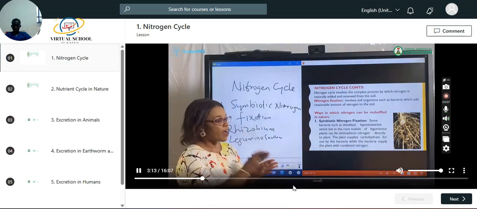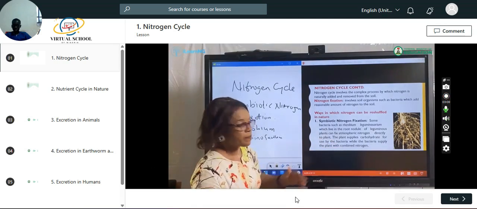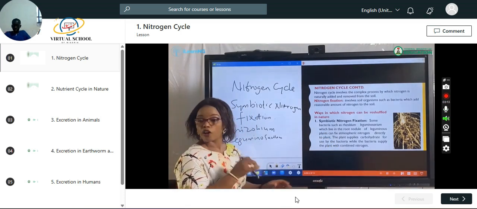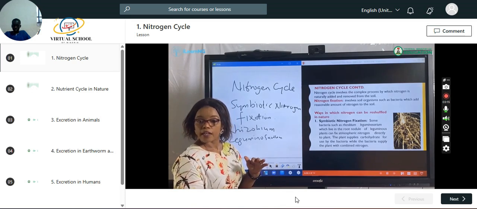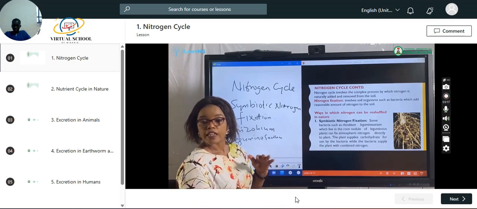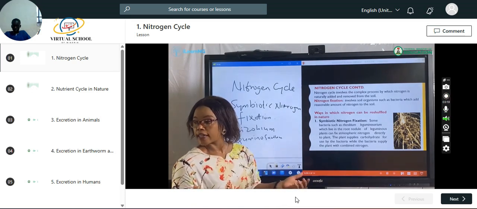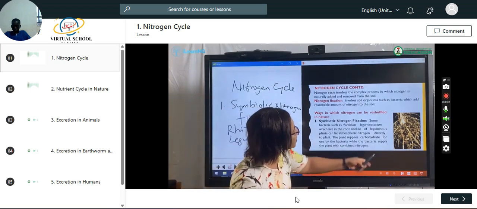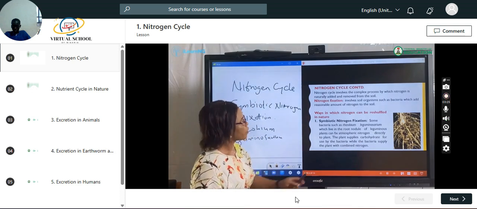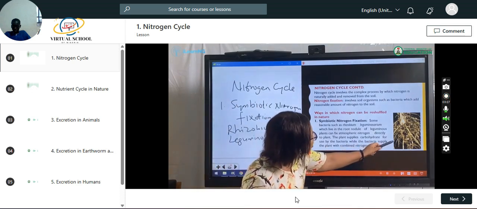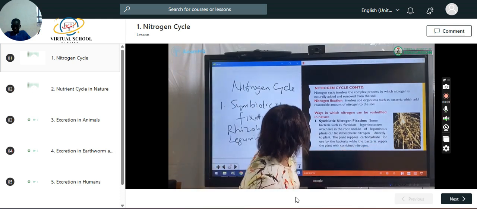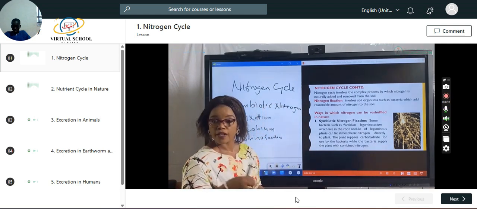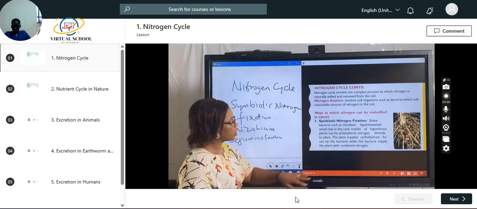It helps that plant to fix the nitrogen in the soil. And on the other hand, what the plant does for it is to give it shelter and also provide carbohydrates. As we can see in the diagram here, this is a leguminous plant. The nitrogen fixing bacteria lives at the root nodule of this leguminous plant, so they help to fix the atmospheric nitrogen into the soil.